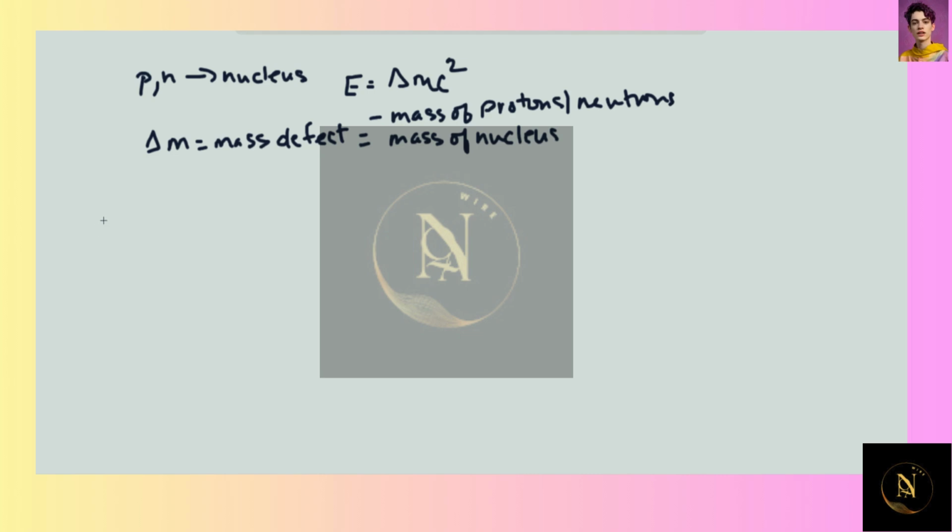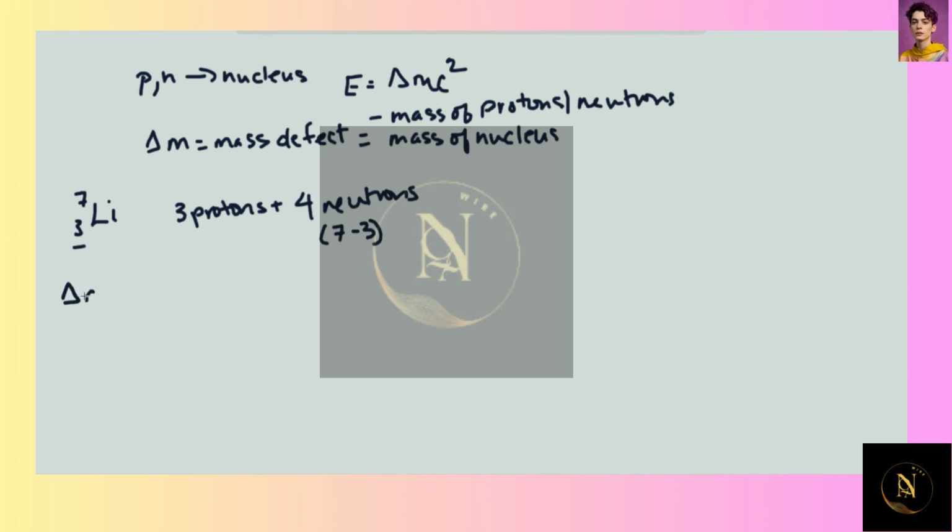So to find the mass defect, we know that lithium-7 is made up of 3 protons and 4 neutrons. 3 protons because that's the atomic number, and 4 neutrons because that's the mass number minus the atomic number.